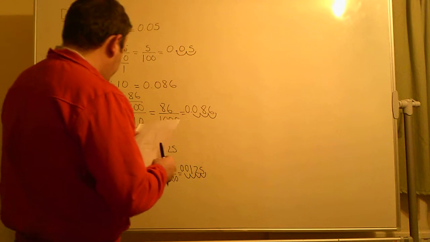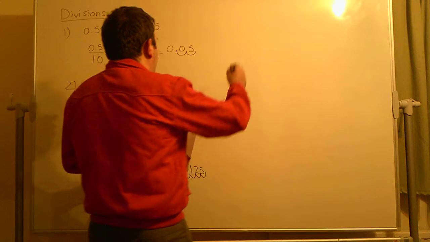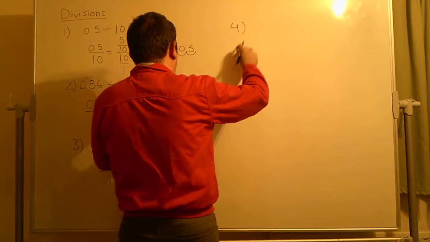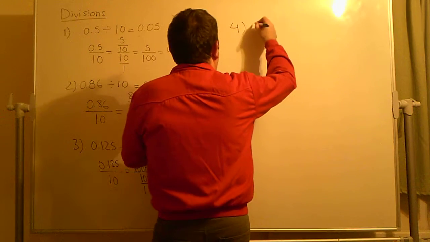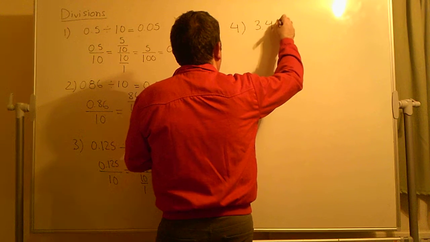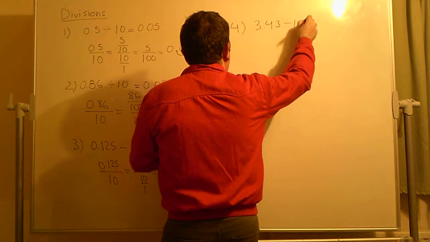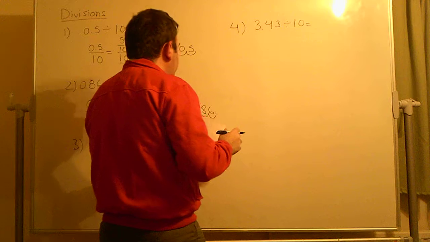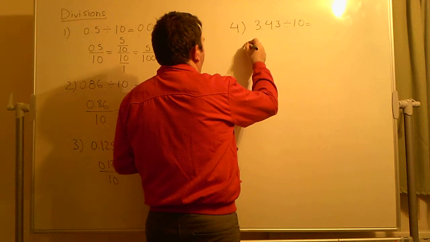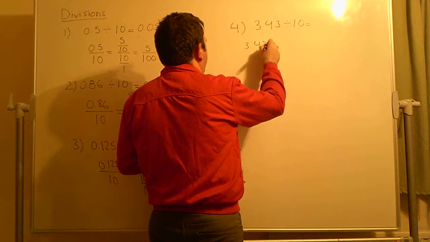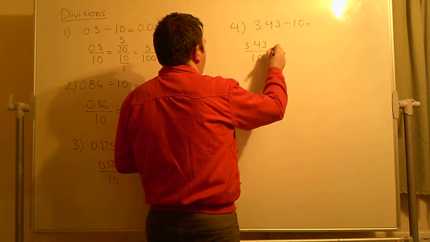Another example, number 4, will be 3.43 divided by 10. So again, we have 3.43 divided by 10.